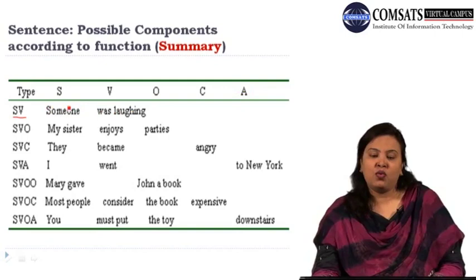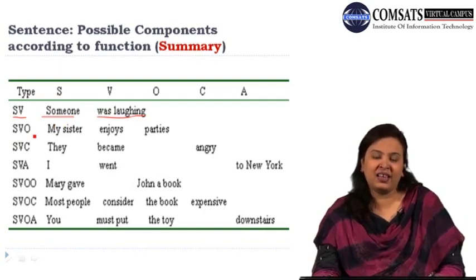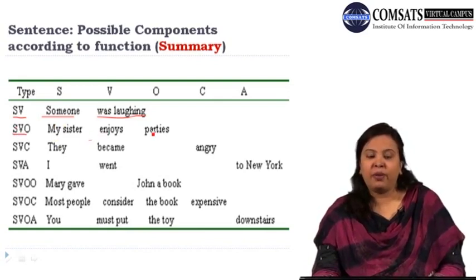Someone is the subject, was laughing is only a verb. Then subject, verb, object, another possibility for making a sentence. My sister, subject, enjoys, verb, parties, object. Then subject, verb, complement, another possibility: they became angry. They, subject, became, verb, angry, complement.